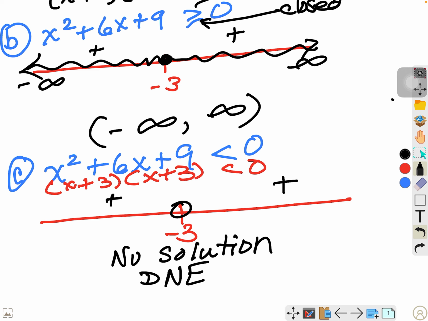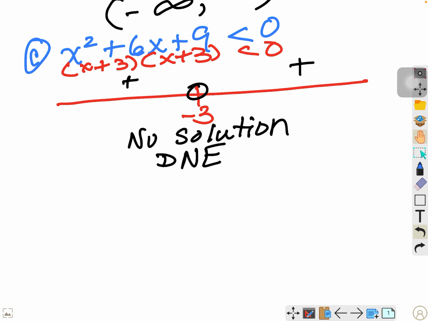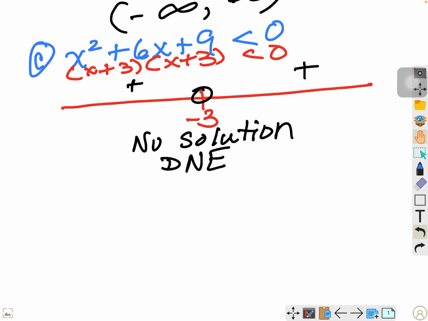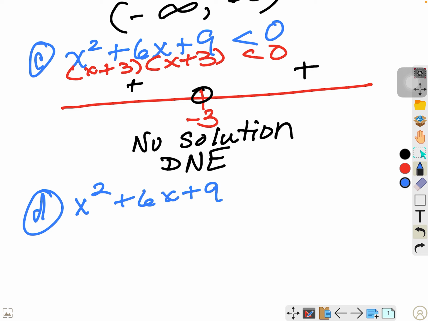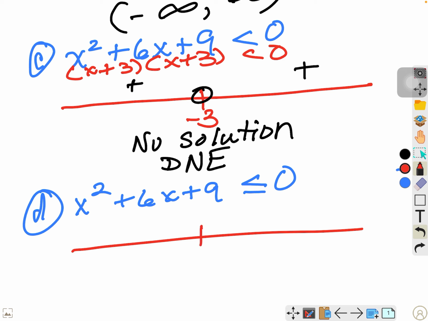Okay? And finally, part D. Same trinomial, this time less than or equal to 0. Same number line, same critical value, pluses on both sides.